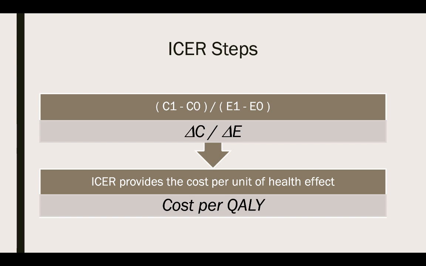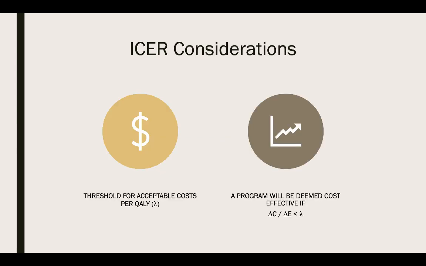So we're funneling money towards a program, and the health effects. What are we spending per health effect? Of course, there are some considerations for our incremental cost effectiveness ratios as well. There is a threshold, so we're going to define some sort of threshold for acceptable costs.